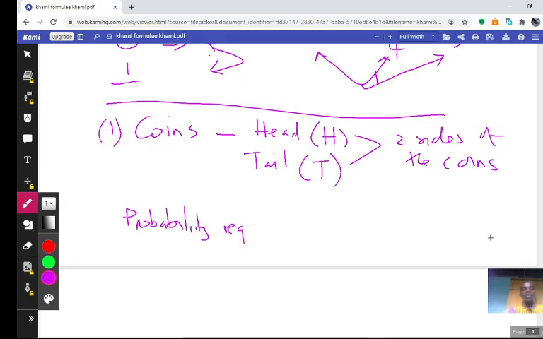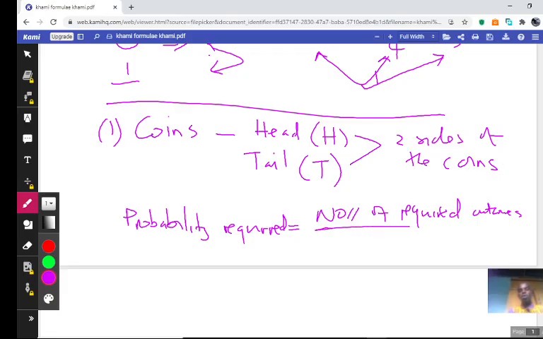Probability required is equal to the number of required outcomes over the number of all possible outcomes. That's the formula for calculating any required probability.